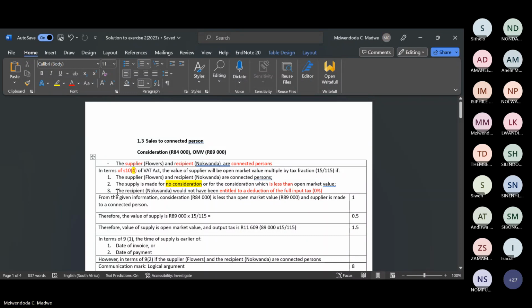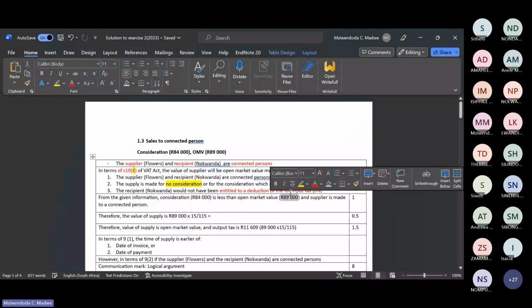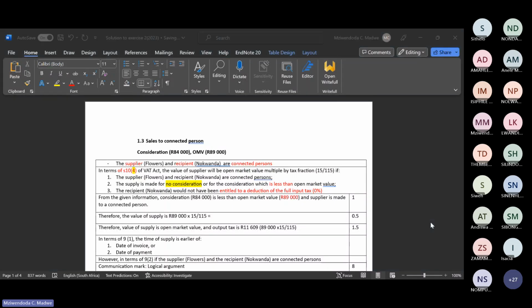Number 3, Nogwanda is not entitled to full input deduction. Therefore, as we are given 2 values, the value of supply is going to be the open market value, which is 89,000.